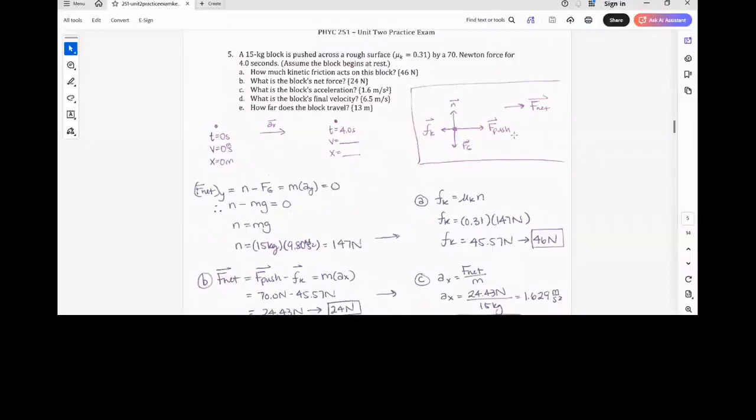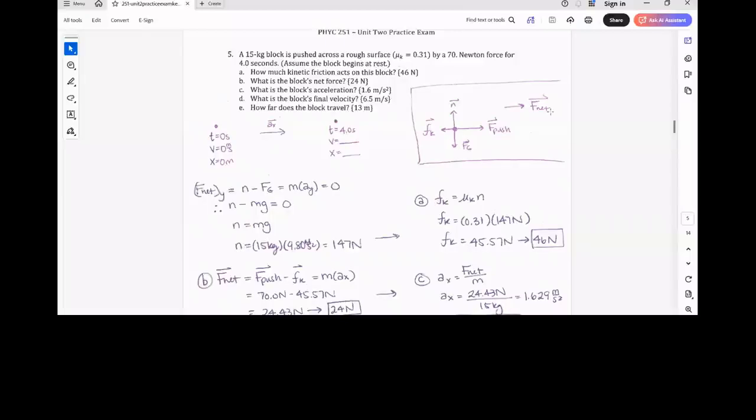But the net force is oriented toward the right because F push is larger in magnitude than Fk. I also know that's got to be the case because our acceleration has to be positive. And once you have the direction of the acceleration, you also have the direction of F net, and vice versa.